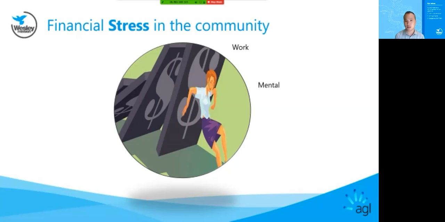And I just saw an article that was released, I think, a few days ago, saying that because of COVID, there was a big spike in Lifeline calls where people mentioned COVID and also mentioned financial stress as well. Physical. We all know that when we're financially stressed, our body takes a toll, and so do our emotions.